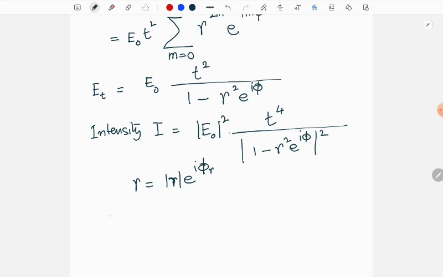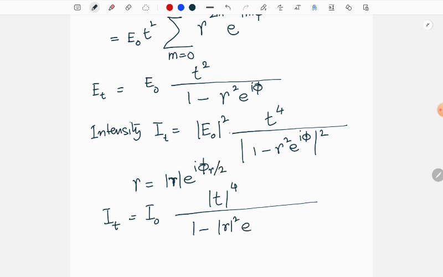So eventually when we write the expression for the transmitted intensity IT, it is I naught, which is the incident intensity, times T4 by 1 minus mod r square exponential. Here we make it by 2 just for the sake of convenience, and then this r square will give a phi r, so it will be i phi plus phi r, mod square.